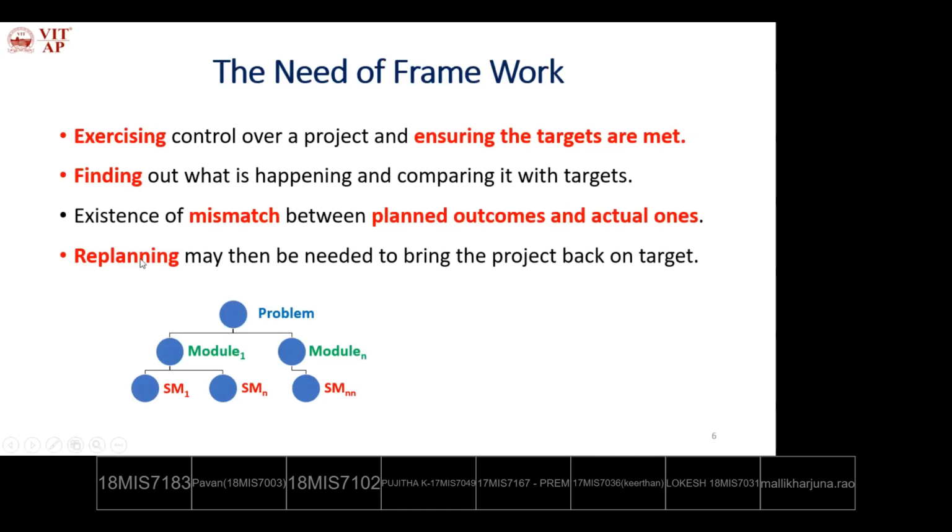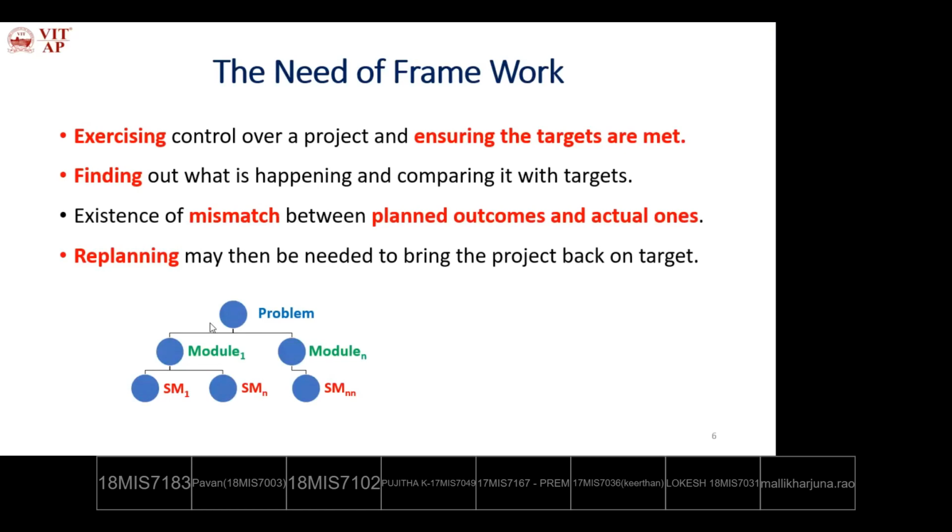Then the framework is also useful for finding out what is happening and comparing it with the targets. If any activity is delayed, if any activity takes more time than the planned time, those are called critical activities.